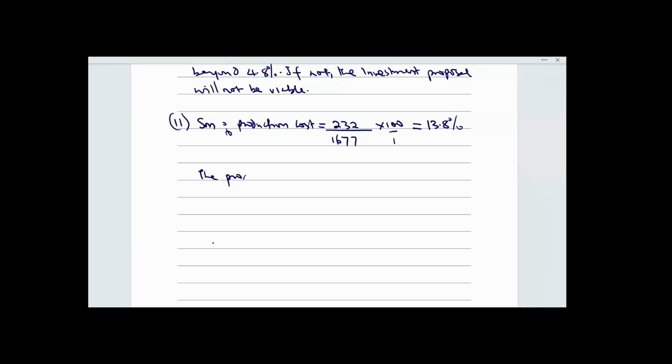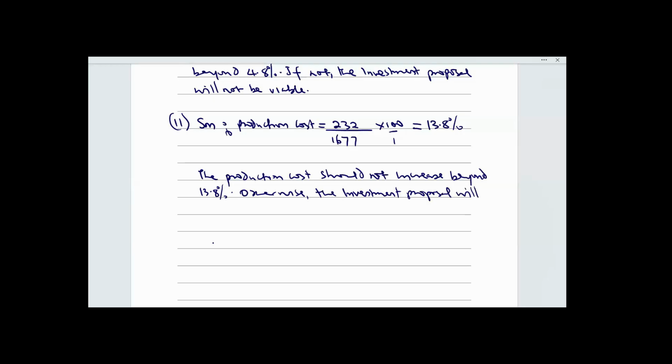The production cost should not increase beyond 13.8%. Otherwise, the investment proposal will not be viable.